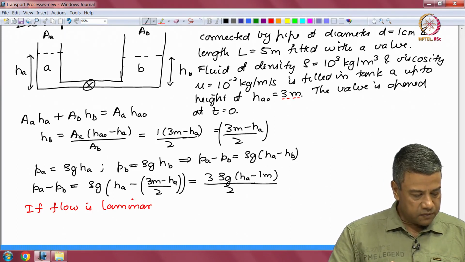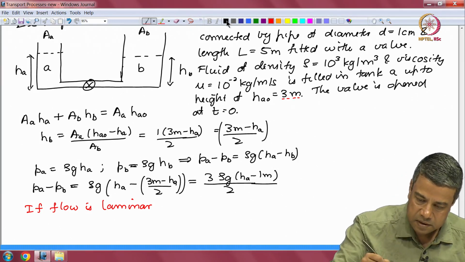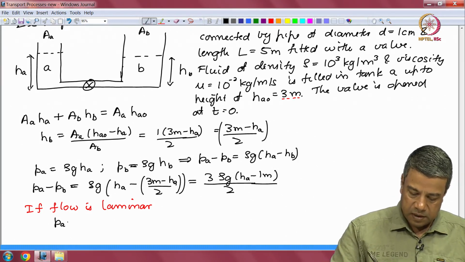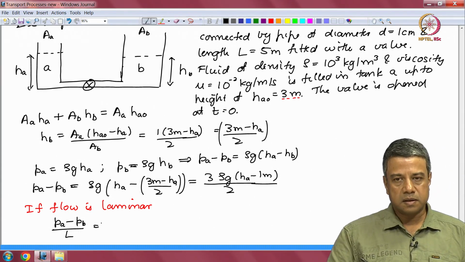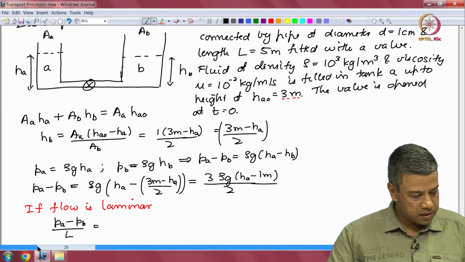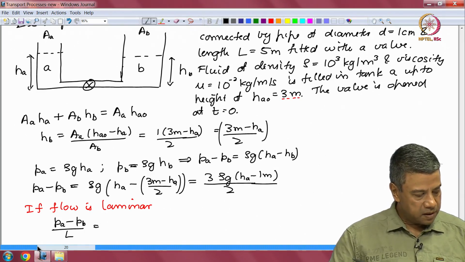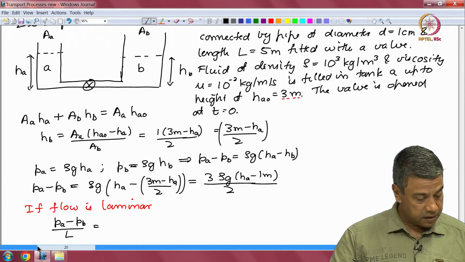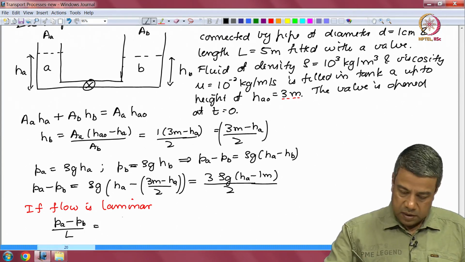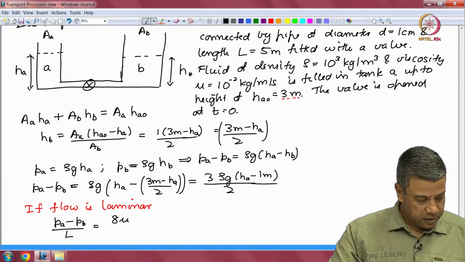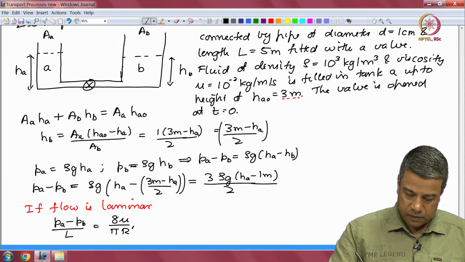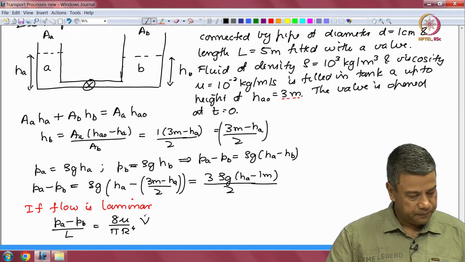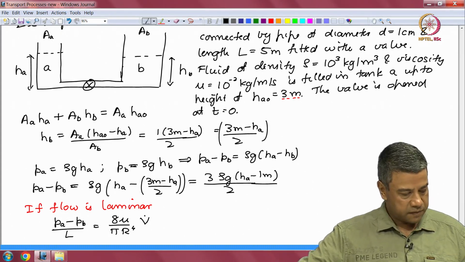If the flow is laminar, then the pressure gradient, PA minus PB by L, can be related directly to the volumetric flow rate by the relationship 8 mu by pi r power 4 into the volumetric flow rate, where r is the radius of the pipe.